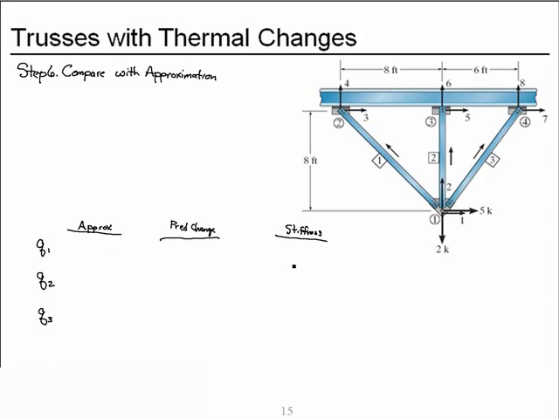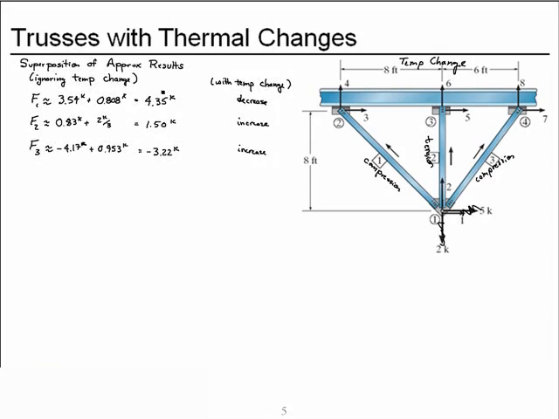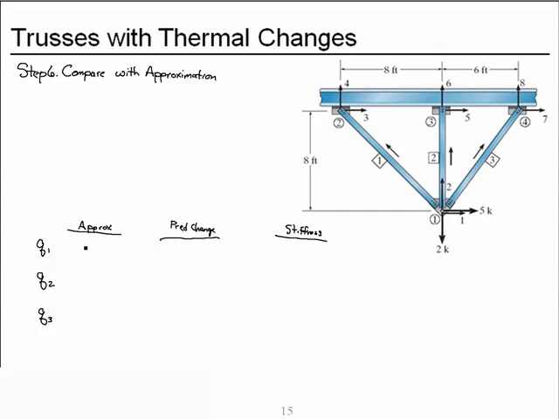And then let's look at our stiffness method results. So if we go back to our approximate analysis results, we had the three forces given by these three quantities. A positive 4.35 kips, which is tension. A positive 1.50 kips, which is tension.